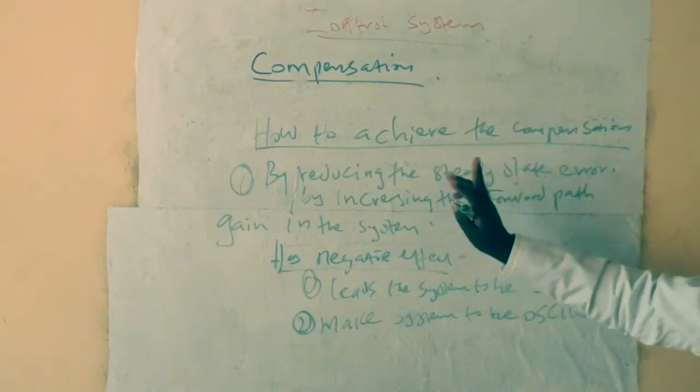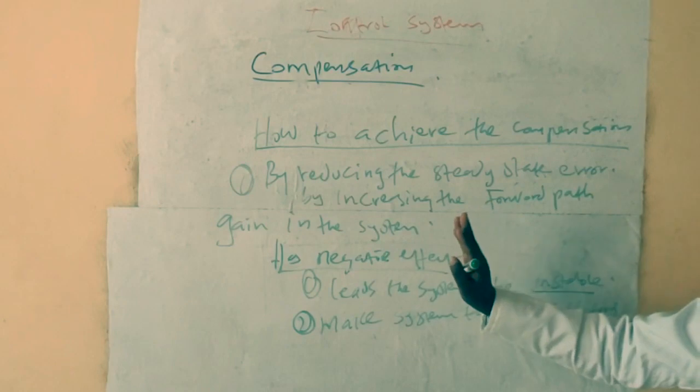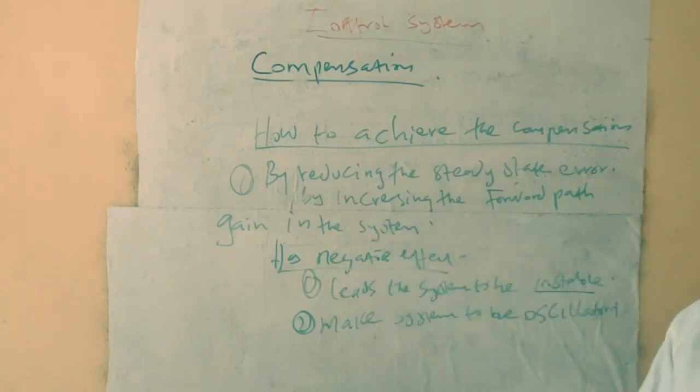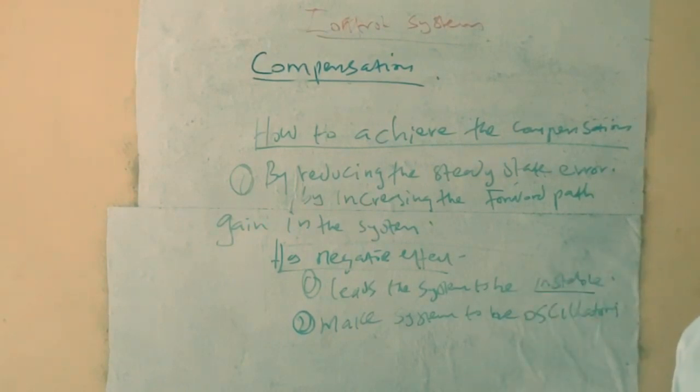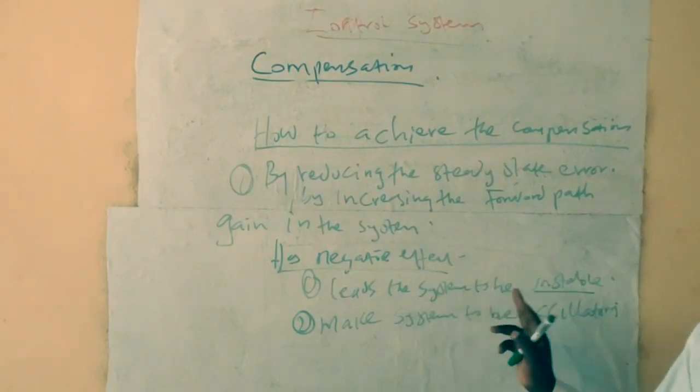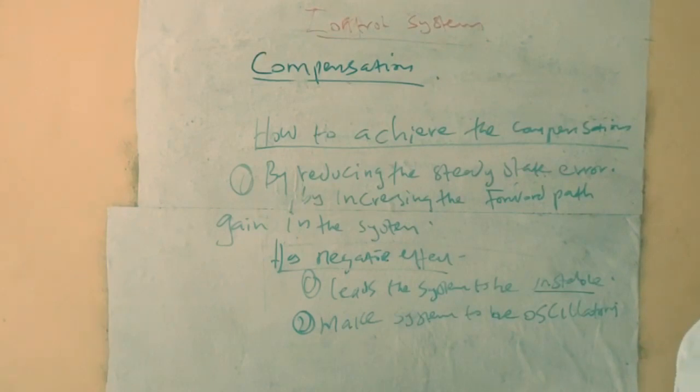We can achieve compensation by doing this, but it leads to some negative effects and renders the system unstable. When you increase the forward path gain in the system, it becomes unstable and also oscillatory.